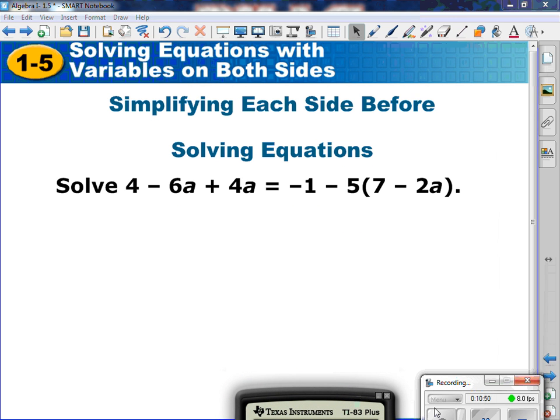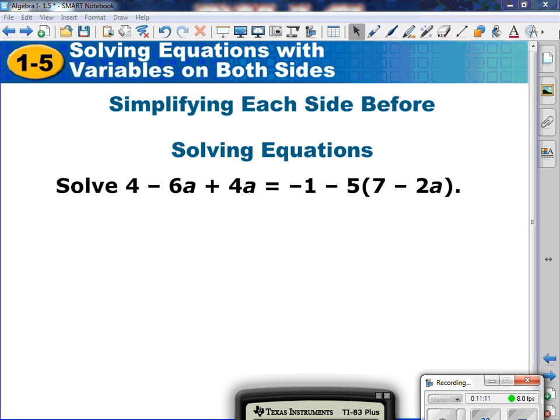This problem here is a little bit scary at first when you look at it. 4 minus 6a plus 4a equals negative 1 minus 5 times the quantity of 7 minus 2a. It's a problem that goes on forever, it seems.